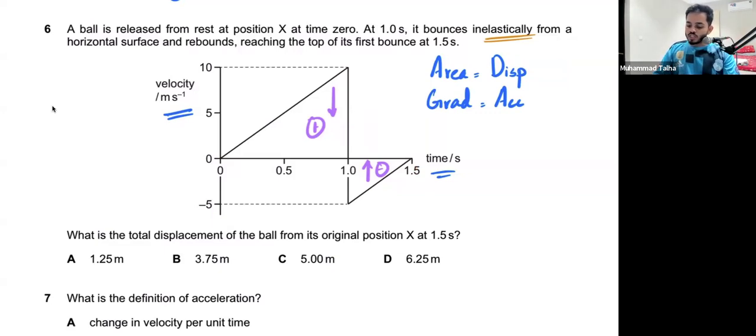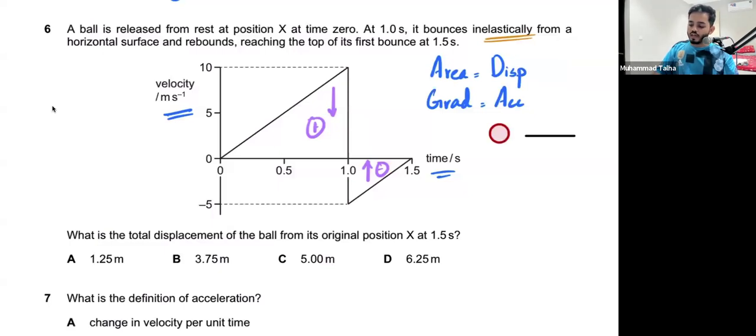So what is the total displacement of the ball at 1.5 seconds? It went down by this much, and it came up by this much, from its original position. So let's say a diagram probably helps here. Let's say it's dropped from here.